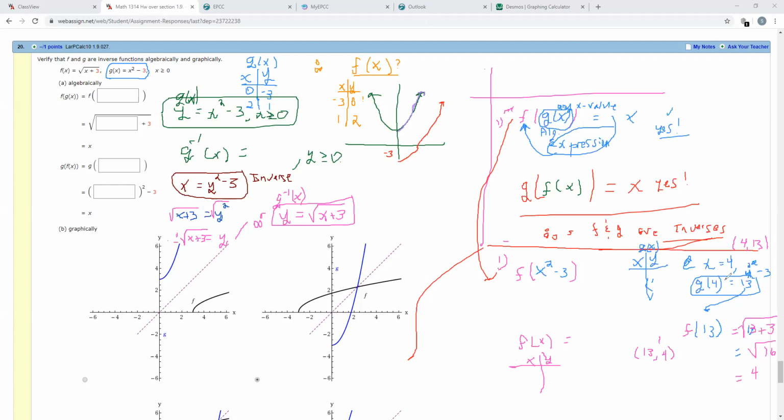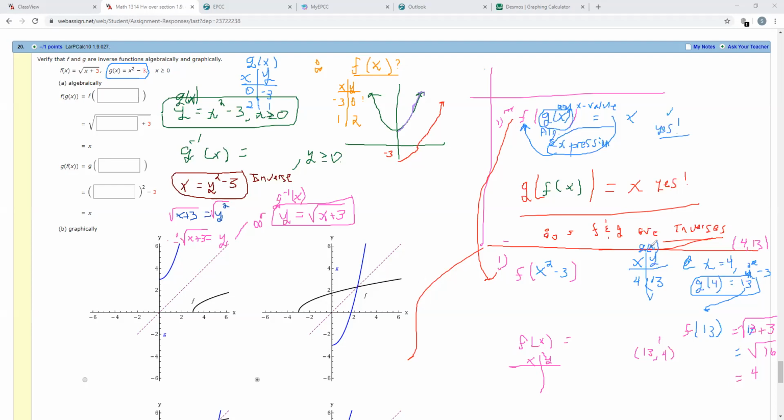If you put 4 into G, you get 13. So the point 4, comma 13 is a point on the G function.